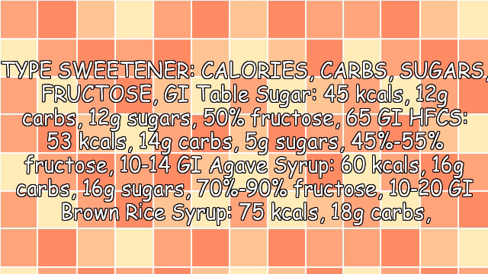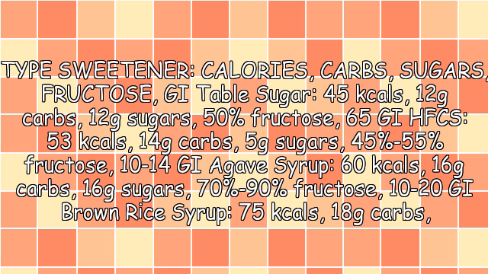HFCS: 53 calories, 14g carbs, 5g sugars, 45% fructose, 10 to 14 GI. Agave syrup: 60 calories, 16g carbs, 16g sugars, 70% fructose, 10 to 20 GI.